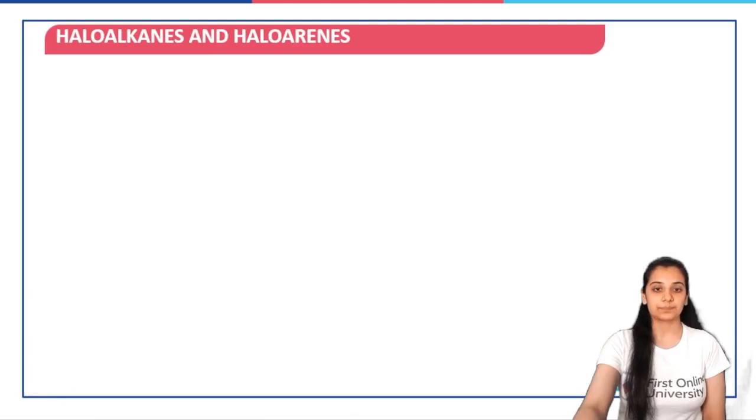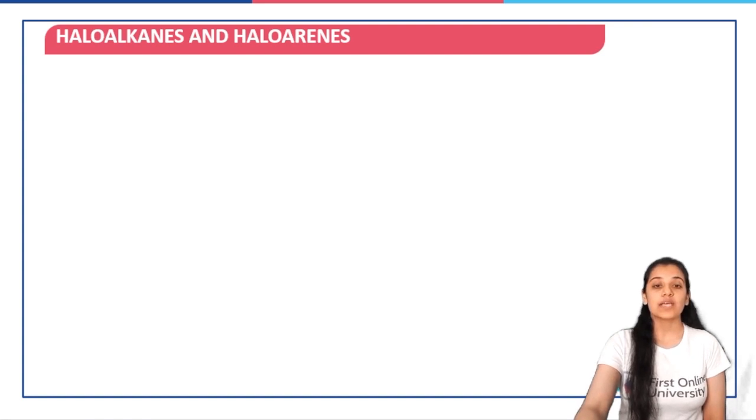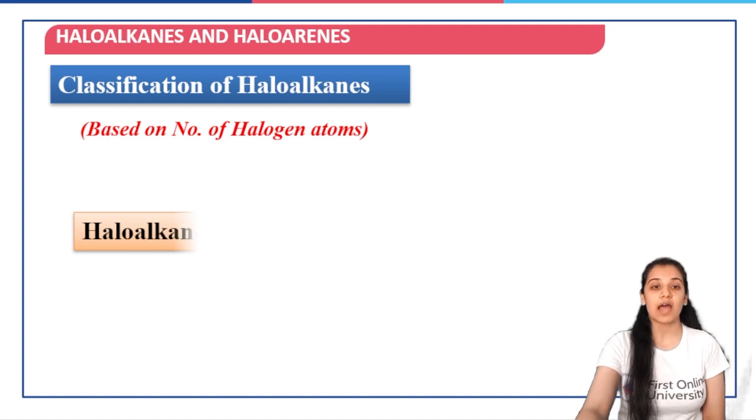Let us first discuss the classification of haloalkanes and then we'll move on to the classification of polyhaloalkanes. Now, as is clear from the word, polyhalo means it contains more than one halogen atom. When we talk about haloalkanes, we can classify them based on the number of halogen atoms.